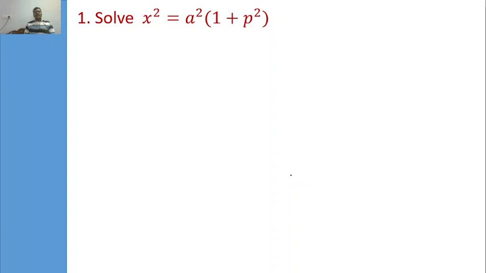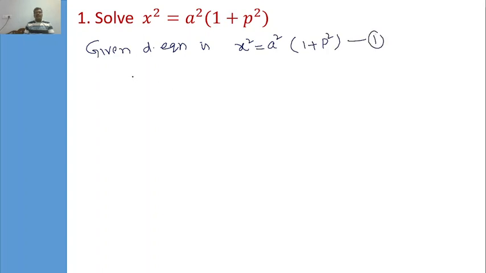Now, solve x square equal to a square of 1 plus p square. The given differential equation is x square equals a square of 1 plus p square. This is equation number 1. Now, x equal to plus or minus a times the square root of 1 plus p square.